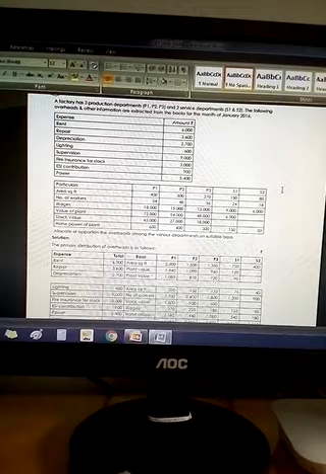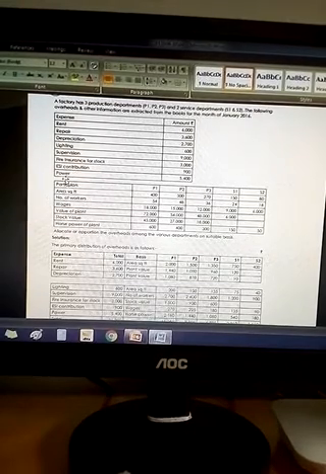But in case of apportionment, if there is no particular department for that particular expense, meaning the expense is incurred in each and every department, then you have to apportion on a suitable basis. So these particulars are the basis, and these are the expenses.